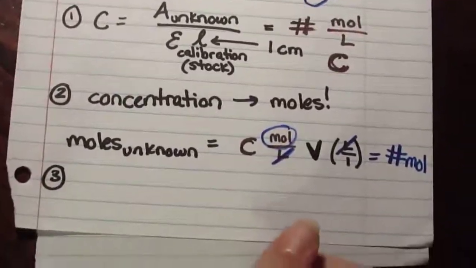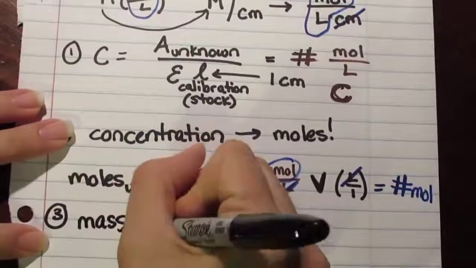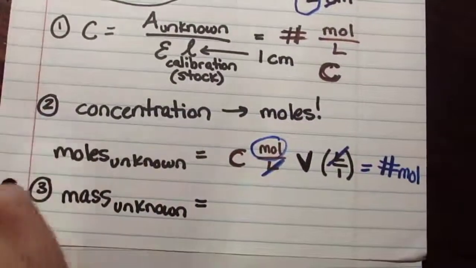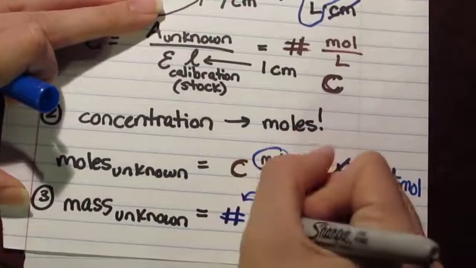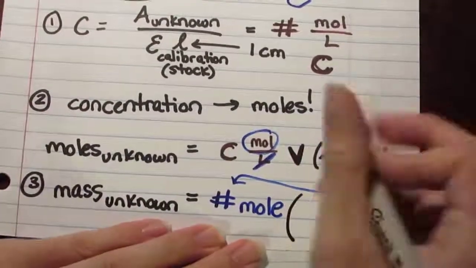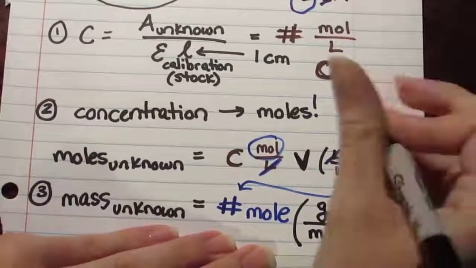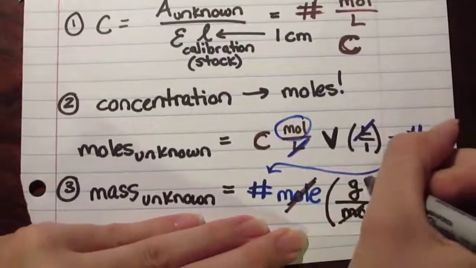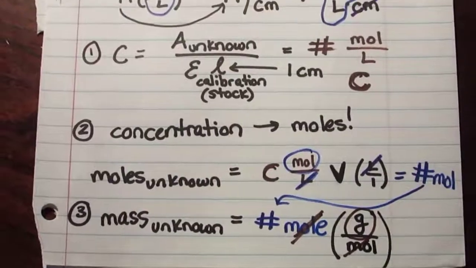So if you looked at the stock bottle and wrote down that information, you could solve the mass of your unknown dye in grams, would be equivalent to taking this mole value that we just solved for, and then multiplying that by the molar mass of the correct stock, and that's in grams per mole, whatever that value is for the stock. And now you can see these moles cancel, and we're left with grams. And that is how you would find the grams of your unknown dye.